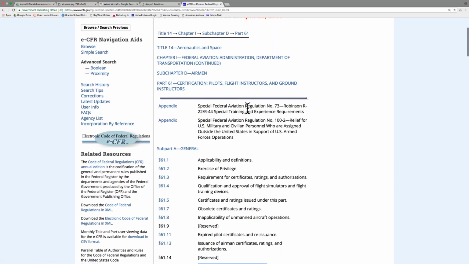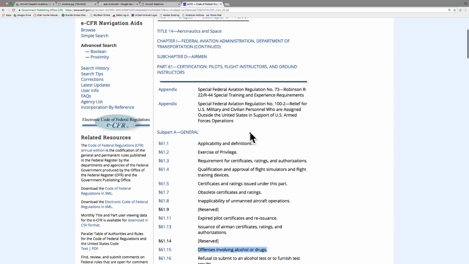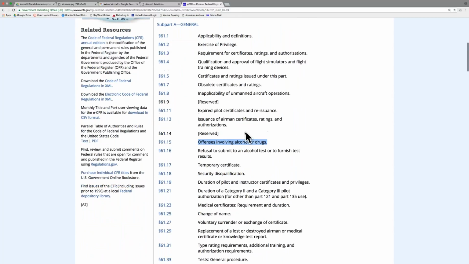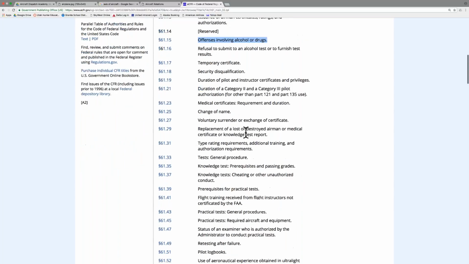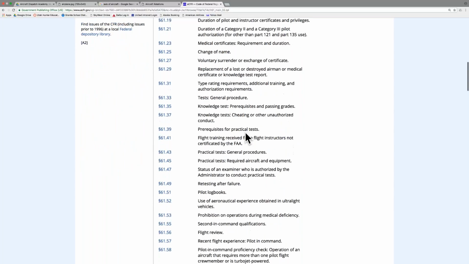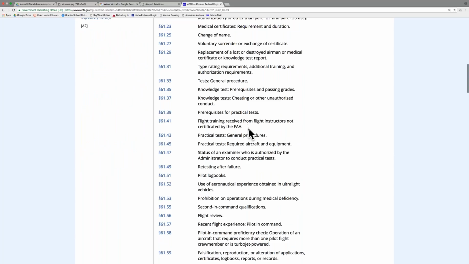Just the important thing is to write down 61. It talks about certification for pilots, flight instructors, and ground instructors. And that's the information you guys need to take away. If you guys have any questions about any of this stuff, feel free. If you have any questions that we can assist you with, this is exactly where we're going to go.